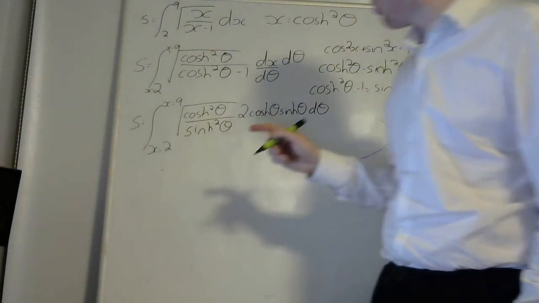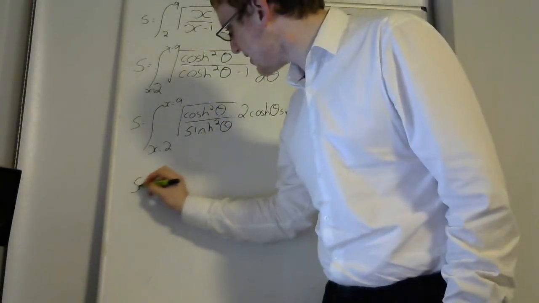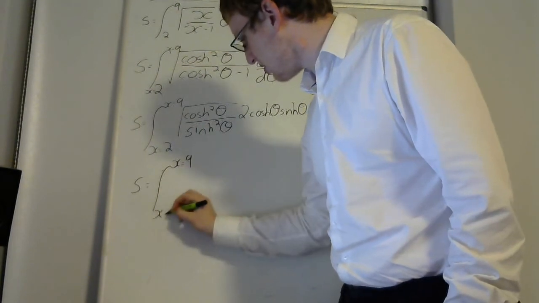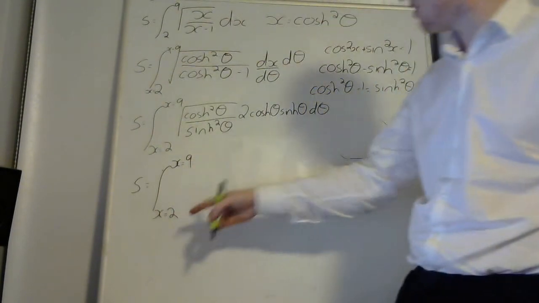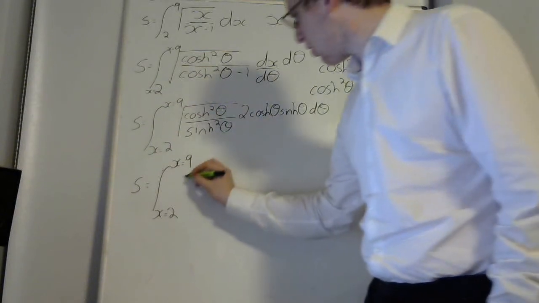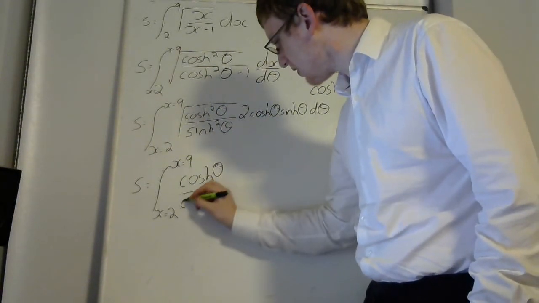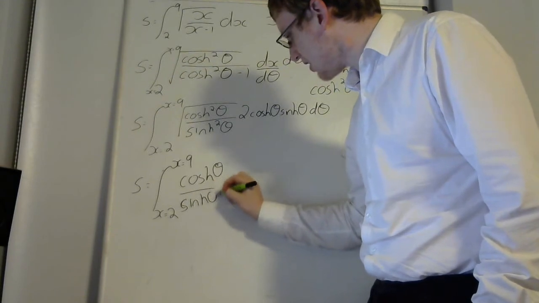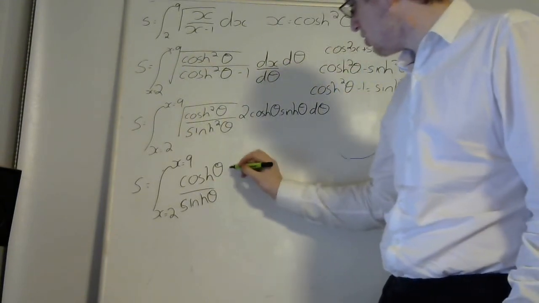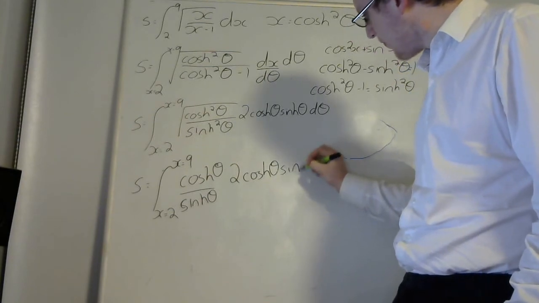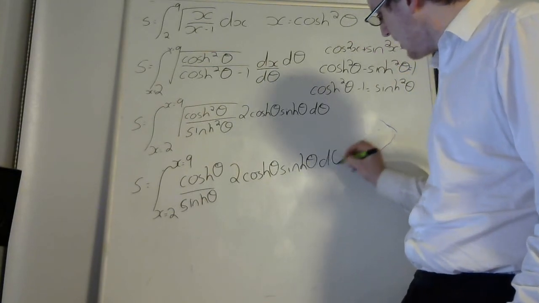So I'll do the square root. So s is equal to the integral between x is 9 and x is 2 of cos theta over sine theta times 2 cos theta sine theta d theta.